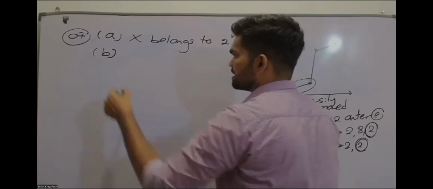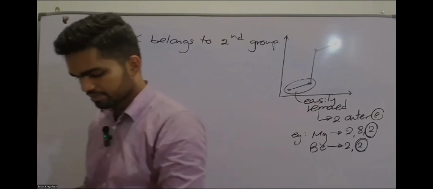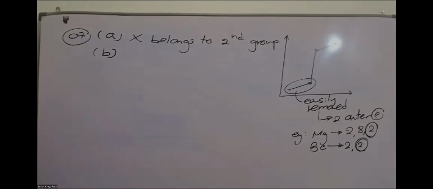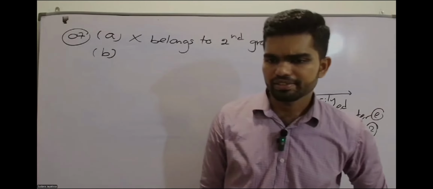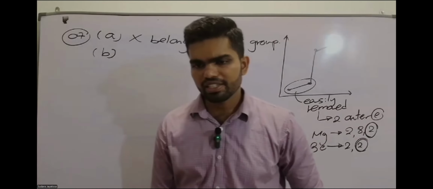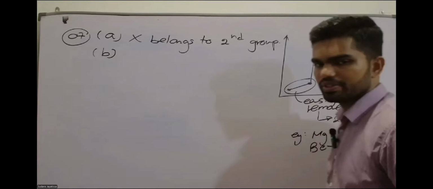Then answer B. Why B is wrong? Yes, give me the reason why B is wrong. It says various electromagnetic radiations are different from each other since their speeds are different. What do you think? Electromagnetic radiation, are they having different speeds? Yeah, very good. They travel at the same speed. Okay, good.